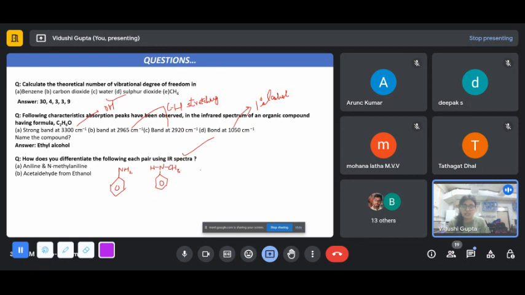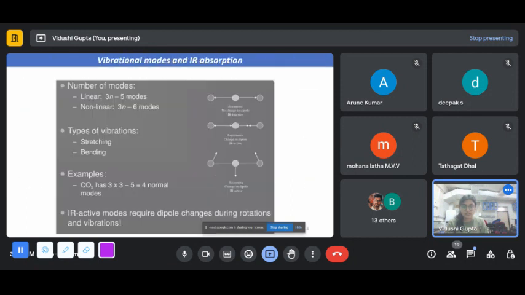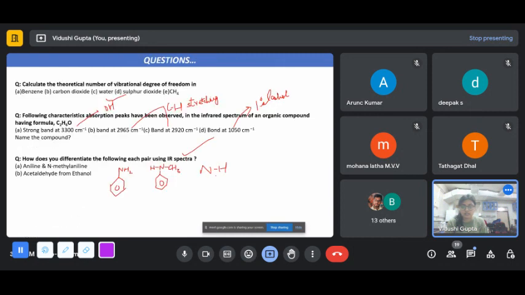So you can differentiate it by NH stretching. Here it is primary, as it is attached to only one carbon. Here it is secondary.